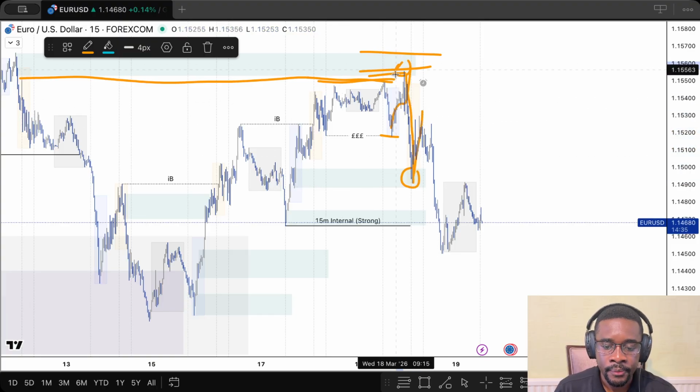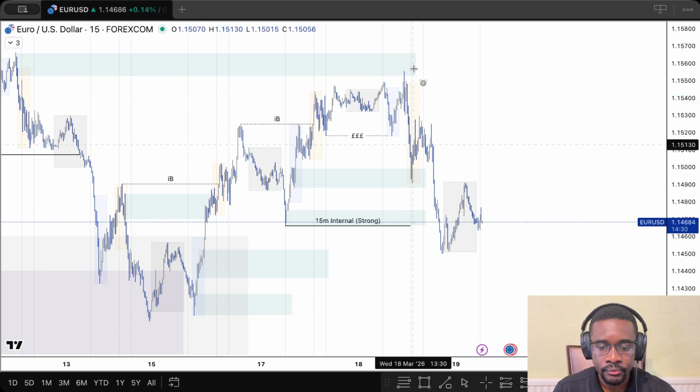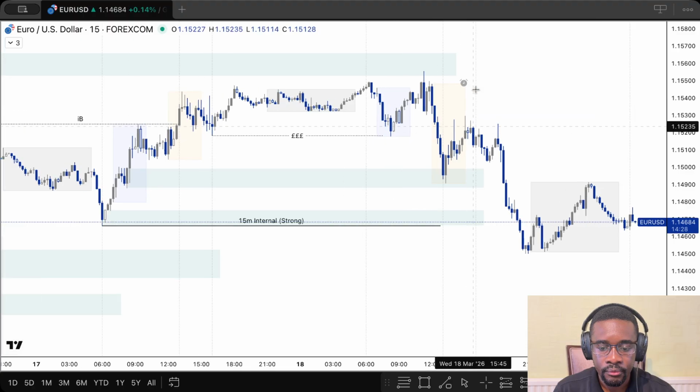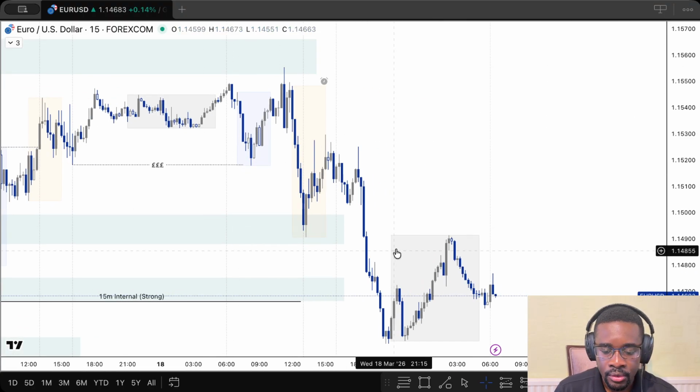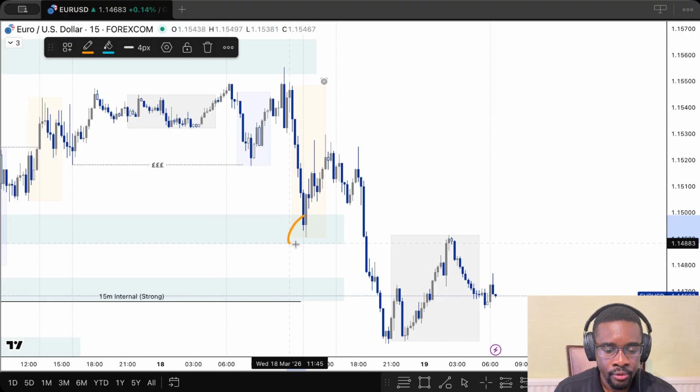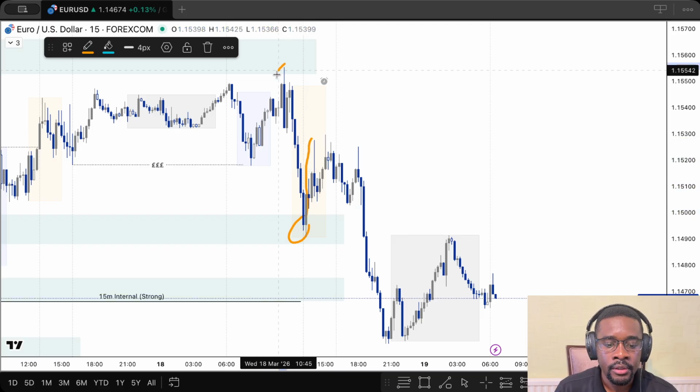So let me zoom in. We could have had a trade from here, right on the lower time frames, maybe 2 hour, 3 hour, and then definitely from here that was a nice 3 hour.